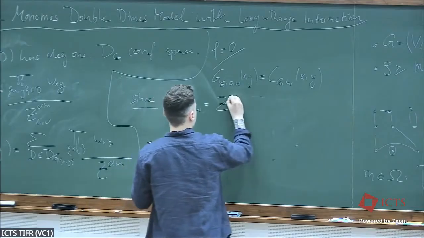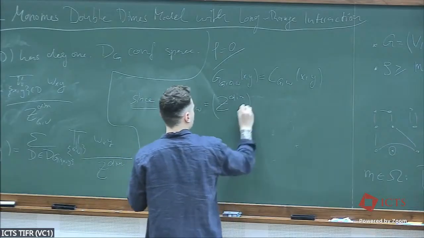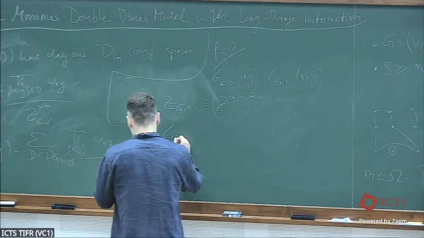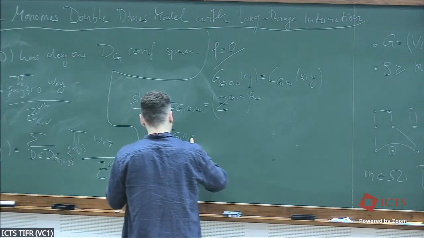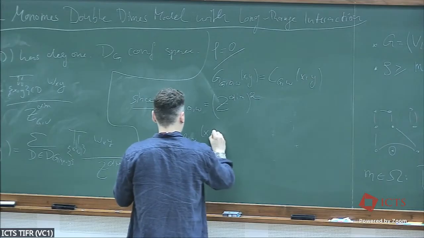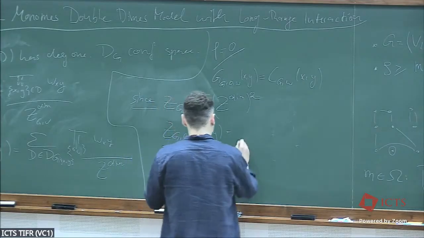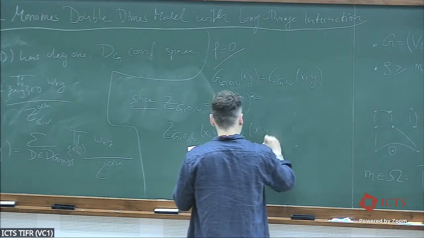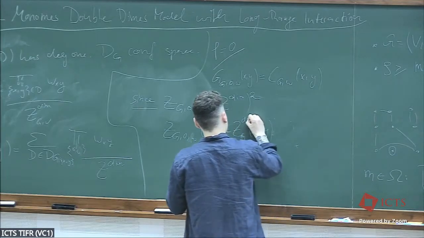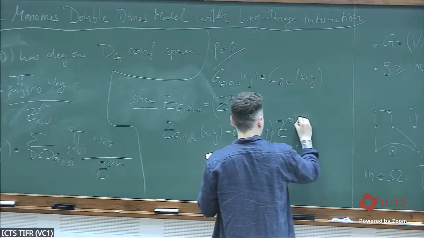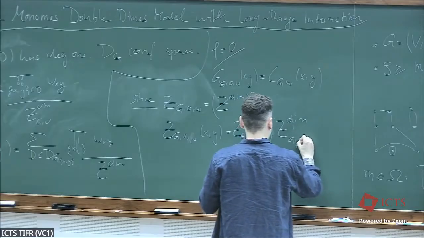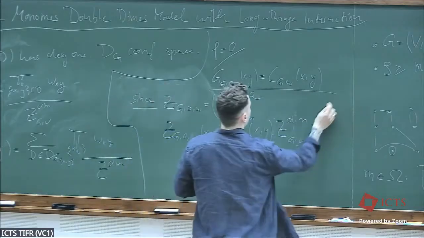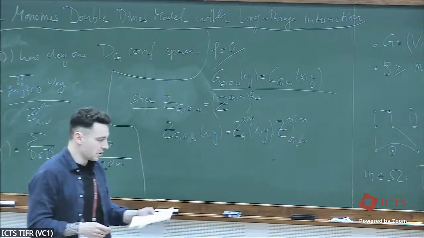So this is just the partition function of the dimer model squared. And if we look at Z_G,0^W of xy, then this is just Z of xy from the dimer model times the partition function from the dimer model. And now we divide by each other and recover the monomer correlation function.